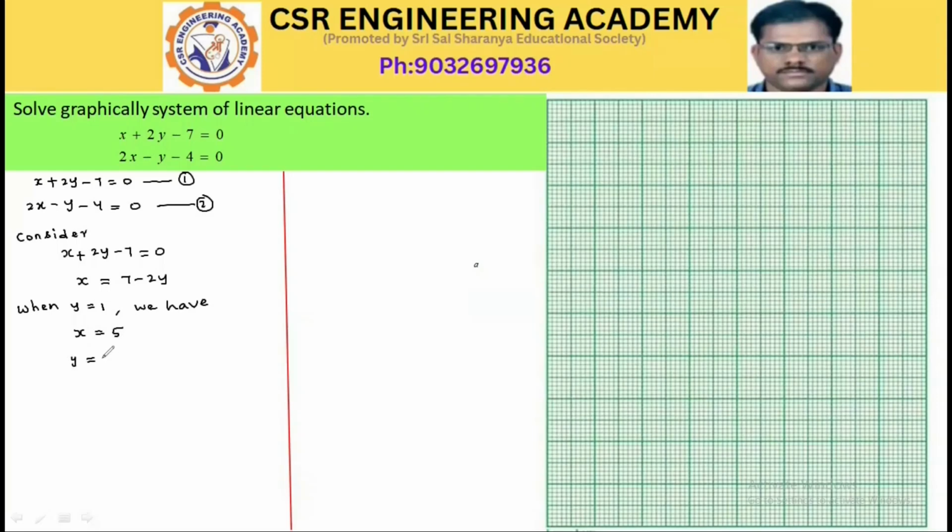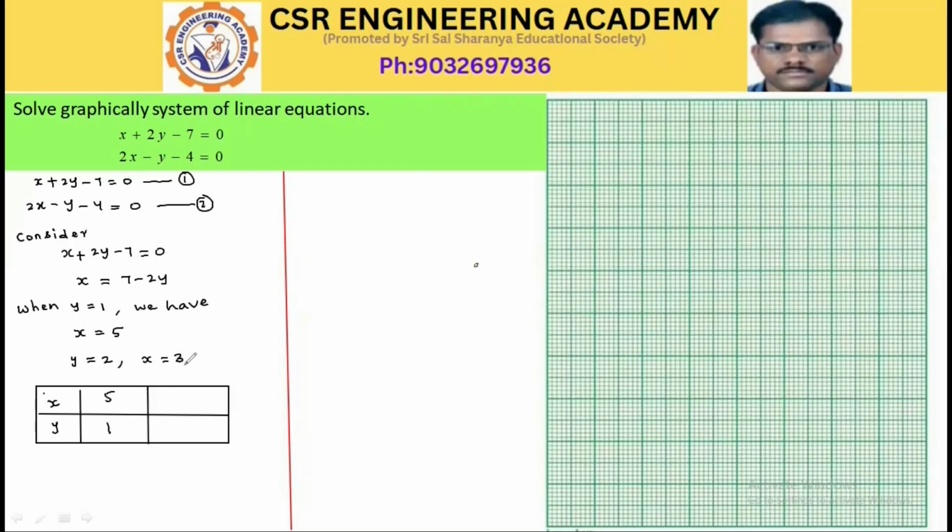Similarly, when y = 2, x = 7 - 2 × 2 = 7 - 4 = 3. Now draw the table of x, y: x = 5, y = 1; x = 3, y = 2.